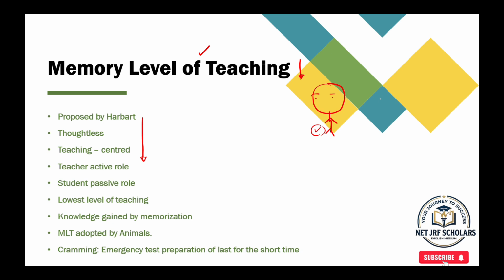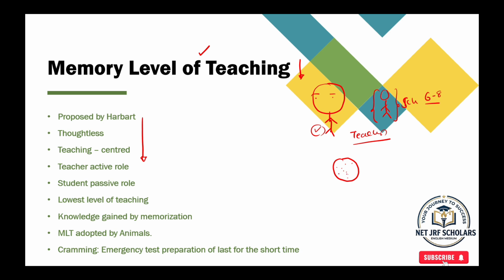Imagine a school student, maybe a 6th to 8th grade student. In schools usually, let's say a teacher is explaining the concept of the solar system. What do they do in schools?